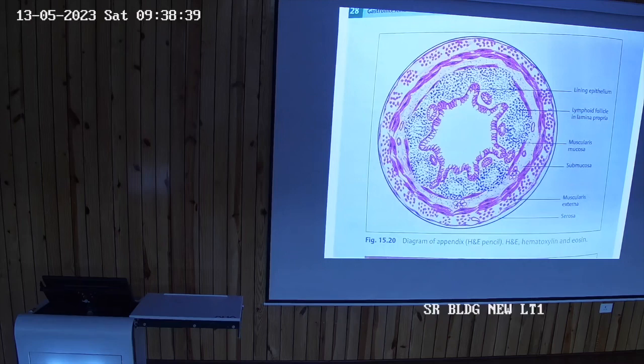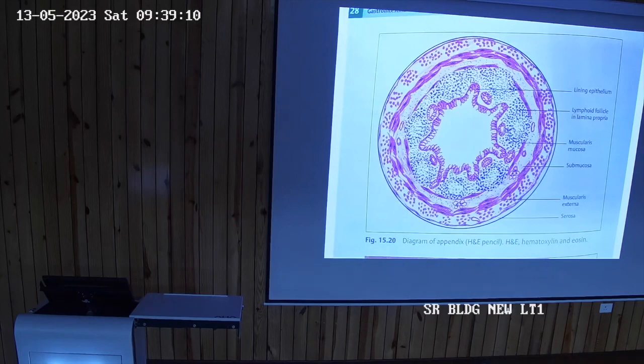Below the epithelium, there is the lamina propria. In the lamina propria, there is an abundant amount of lymphoid tissue. You can see a very large amount of lymphoid tissue present in the lamina propria. That is also extending into the part of the submucosa. The same picture is seen in the colon.